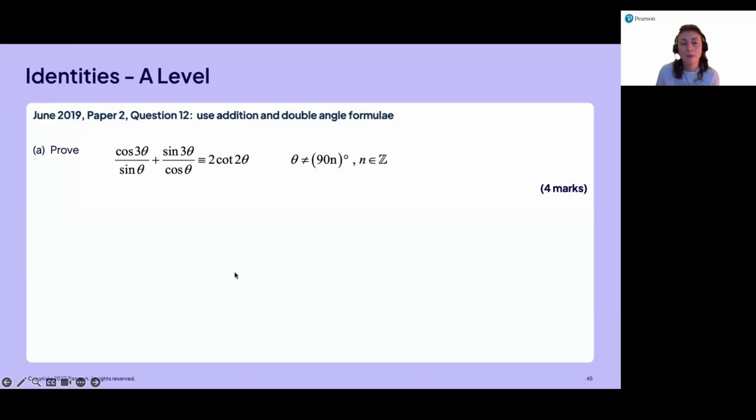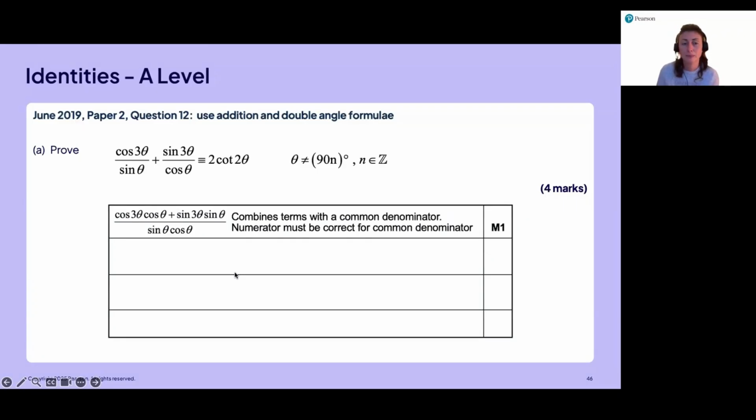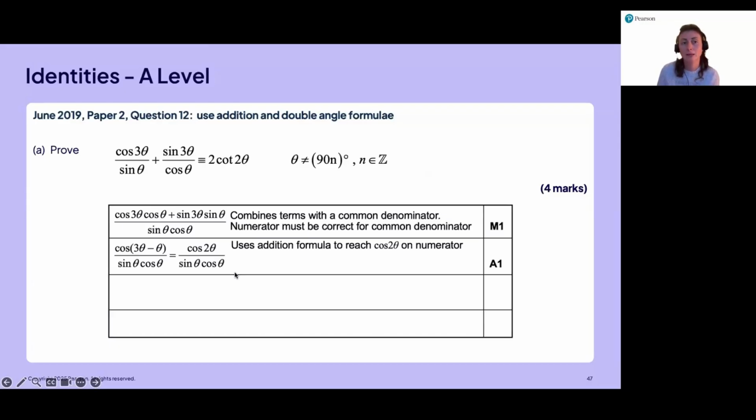Okay, left-hand side, right-hand side, combining common denominator, and then take a look at this one. Again, I chose this one because I thought it might stand out. It might be quite tricky for students and for us sometimes. So if you have a look, we've got the 3 theta, and in the numerator, we've got cos 3 theta cos theta plus sine 3 theta sine theta.